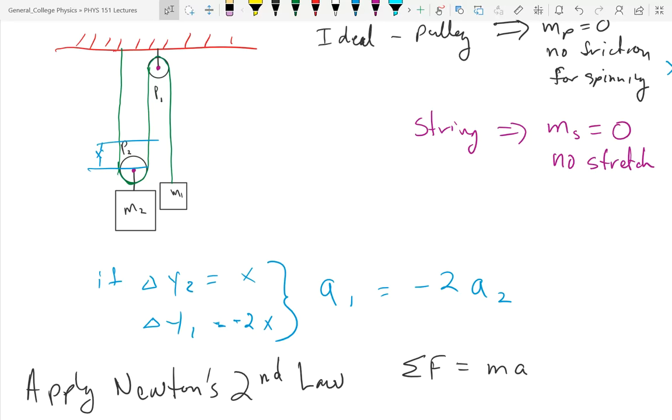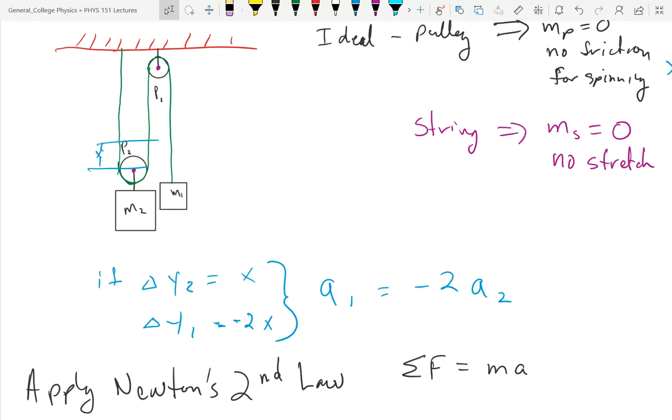I can't just look at this and say, well, mass 1 has force of mass 1 times g, mass 2 has force of mass 2 times g due to gravity. So my net force, I can't just say my net force is the sum of those two and divide it by the mass of mass 1 plus mass 2. It's not going to work because that's forgetting that there are other things going on like the unknown forces of the roof and whatnot.